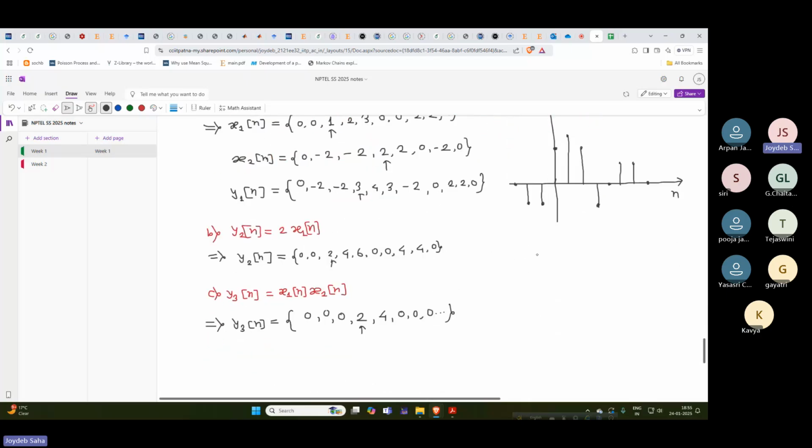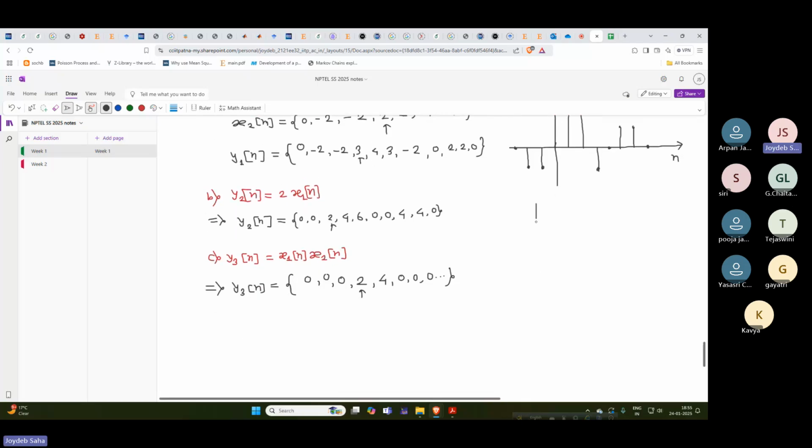In the similar manner, if we want to plot y2, it is 2, 0, 0, 4, 6, again 0, 0, 4, 4, 0.